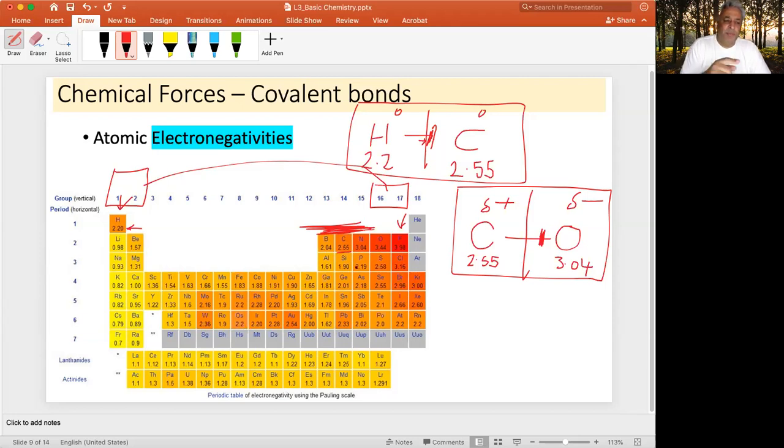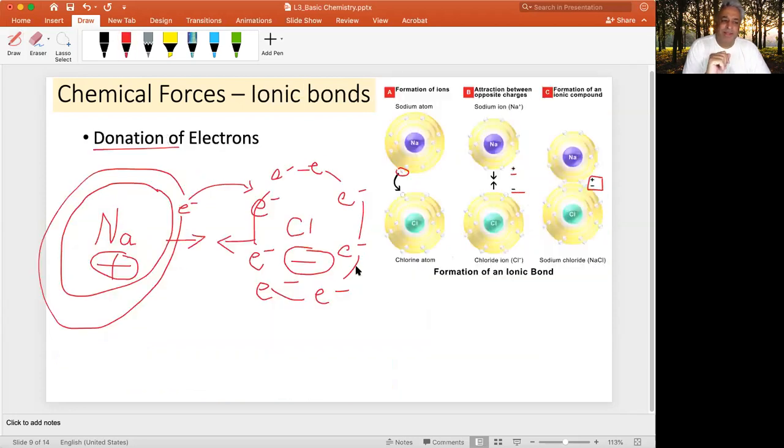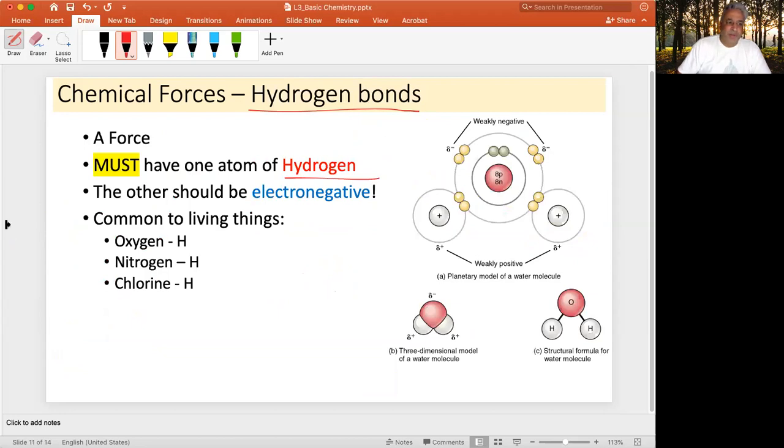The most common elements that we find inside living cells, because they filter chemistry, are oxygen, nitrogen, and chlorine, right? So that's what I have on this slide. The most common types of hydrogen bonds are between oxygen and hydrogen, nitrogen and hydrogen, or chlorine and hydrogen.